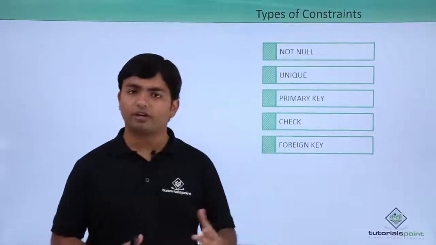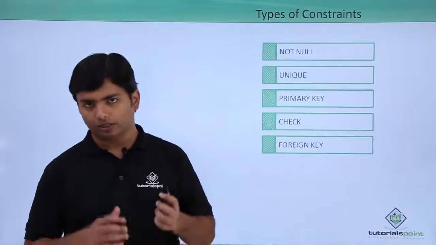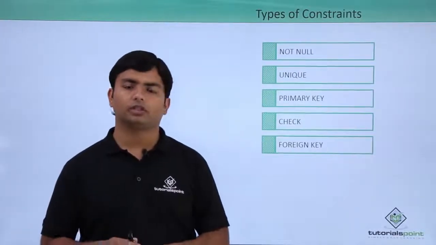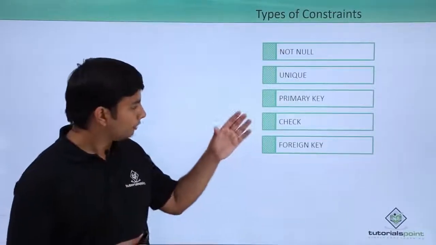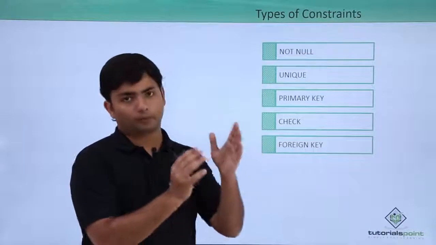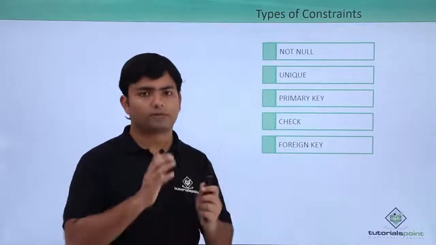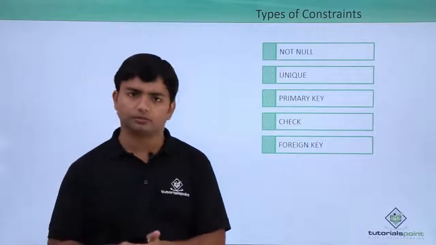Next is foreign key, which is actually a part of referential integrity. Suppose I have a couple of tables, the employees and departments. Any employee will be working in a department, but the major list of departments must be residing in a separate table, the departments table.